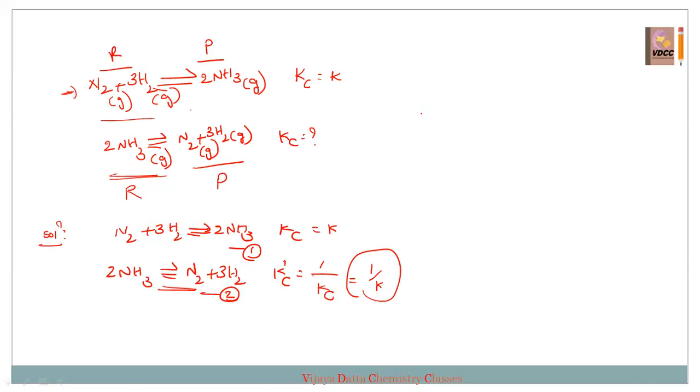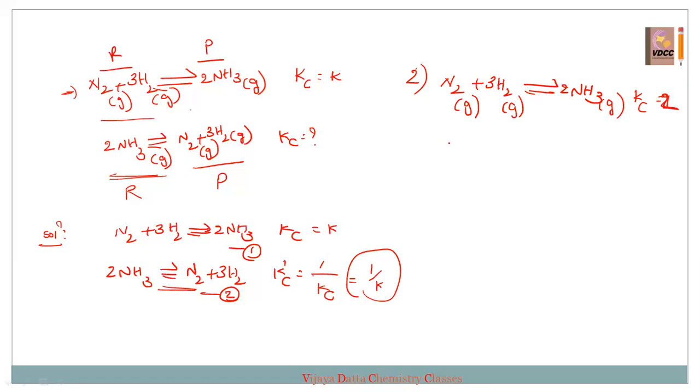Next one: suppose I take the same reaction, N2 plus 3H2 gives rise to 2NH3. All are in the gas state. We write physical states, and the equation must be in stoichiometric ratio, that is, it should be a balanced equation. Now they have given this Kc as Kc1, and the other equation Kc as Kc2, right?